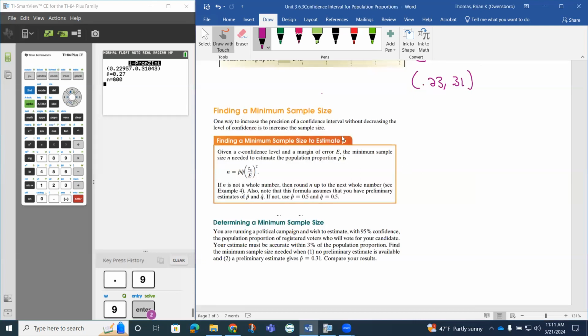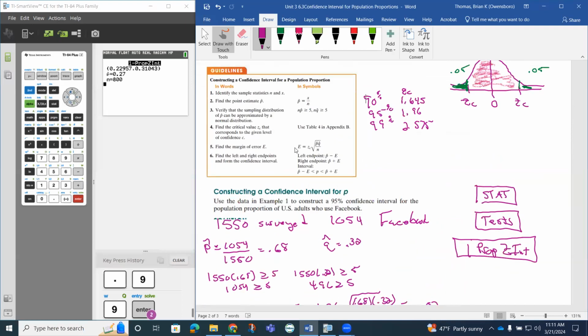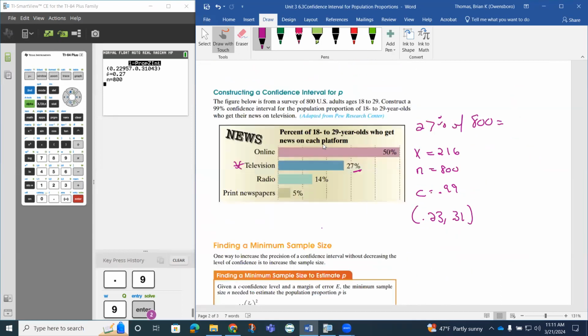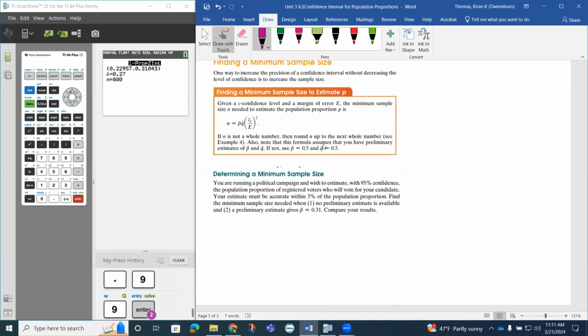Notice how it really is the formula we had up here to find the margin of error. It's really this formula here solving for n. So this formula has just been algebraically manipulated to solve for n. I won't solve that for you. We'll just let it play out here.